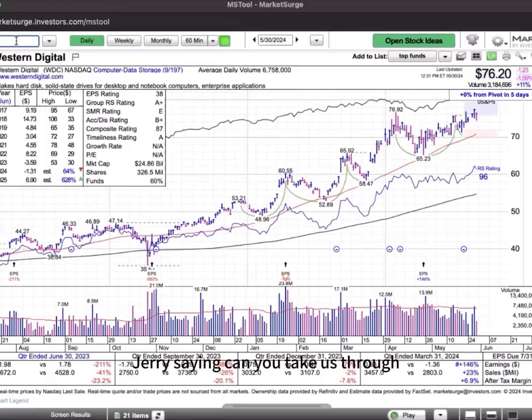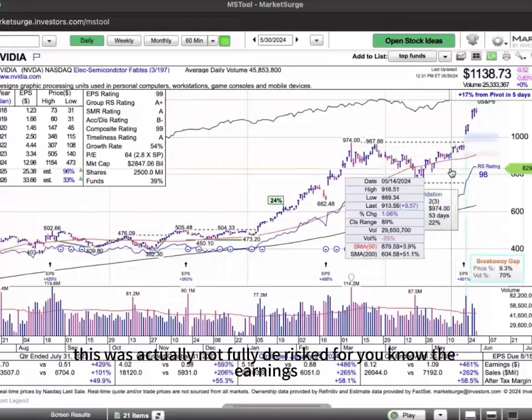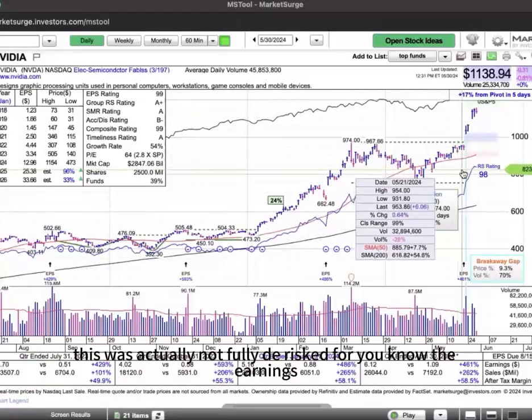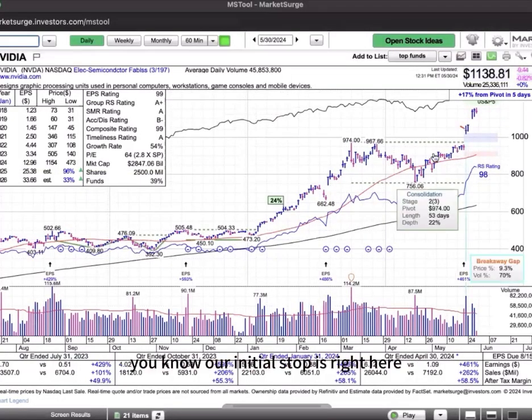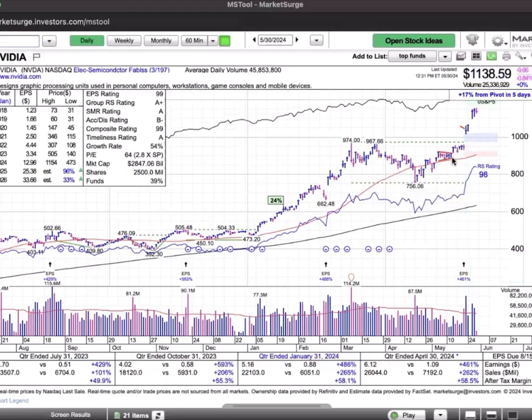Jerry's saying, can you take us through an example of a recent de-risking of a trade? Sure. Nvidia would be a good one, although this was actually not fully de-risked before the earnings. But selling into this gap here, if our initial stop was right here, once we sell here, we're at a three to four R trade.